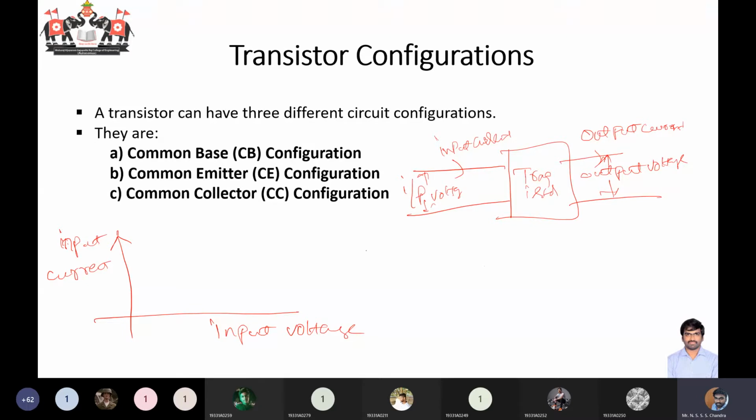However, here you should also remember that your input voltage will be a function of your input current, and it will also depend upon your output voltage.